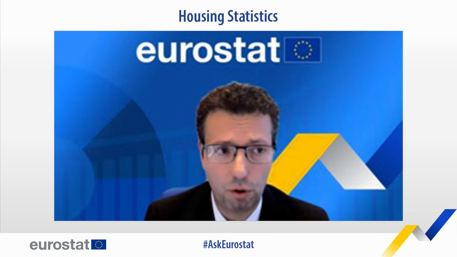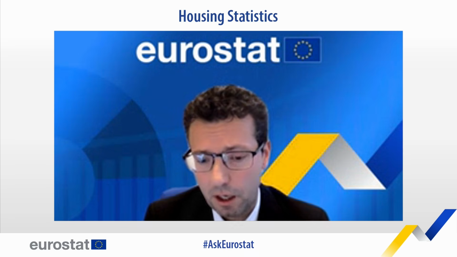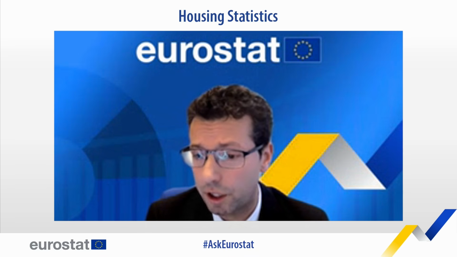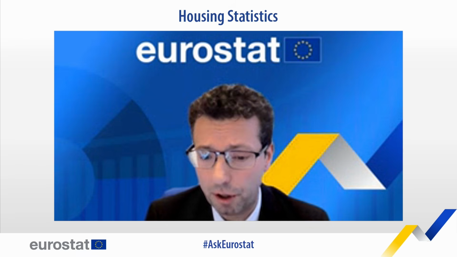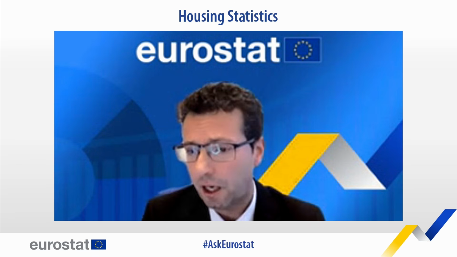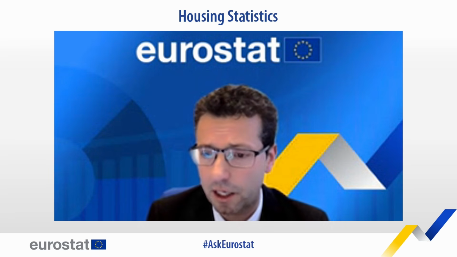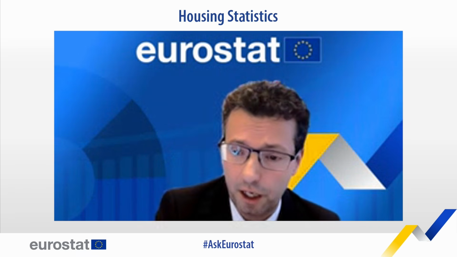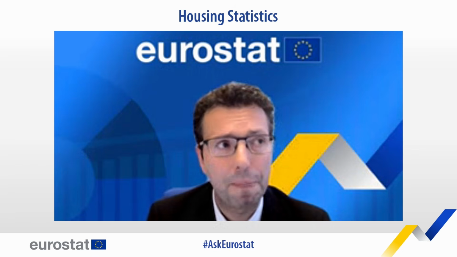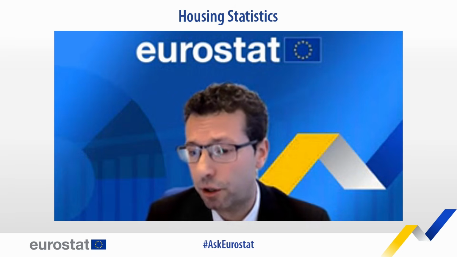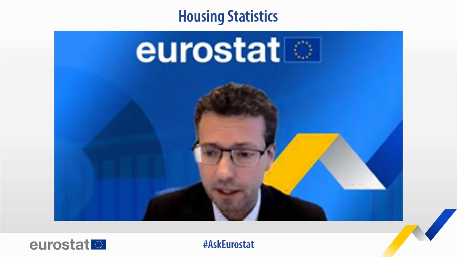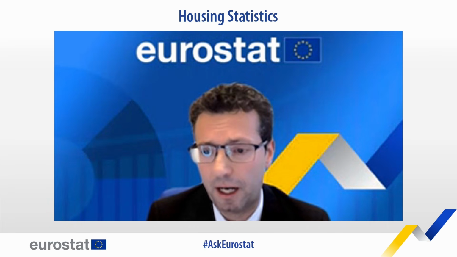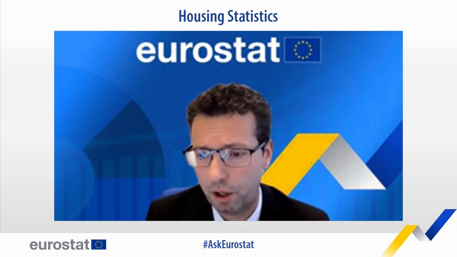But we should also consider here the very rich and the very granular information that the population and housing census makes available to our users. In that case, we have how many persons live in dwellings, how many persons per dwelling, how many square meters per person in each dwelling, how many rooms per person and per dwelling. There is quite a lot of information that supports this type of analysis as a complement on the question on co-living.